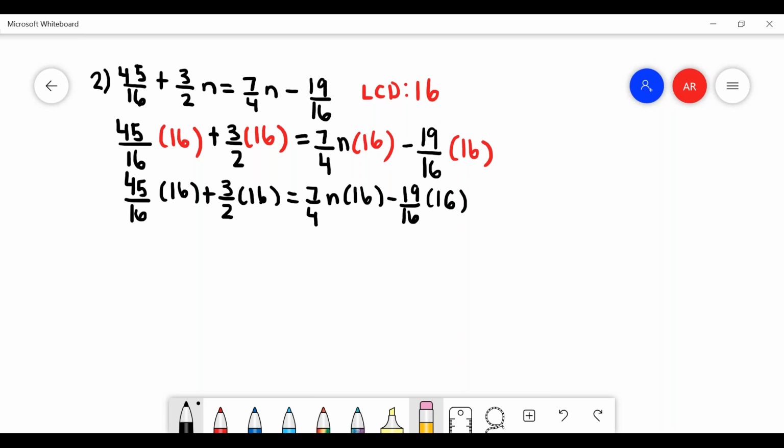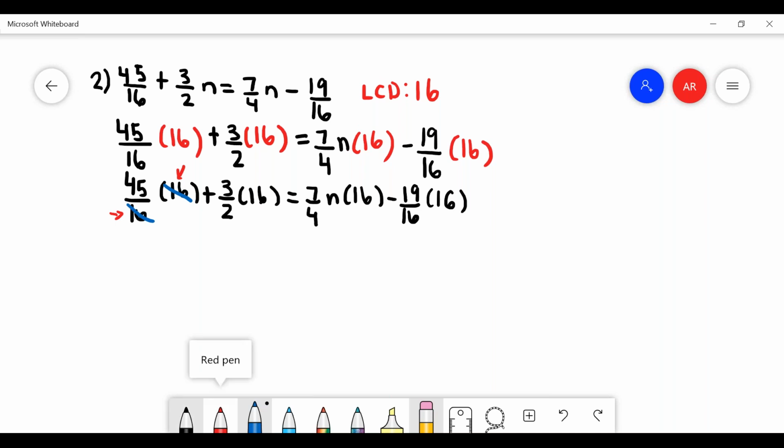So basically now we just need to reduce the LCD 16 with each denominator. That just means you're going to take your LCD over here and divide it by the number in the fraction. It's going to cancel them out. So we have 16 over 16, which equals 1. They just cancel out.